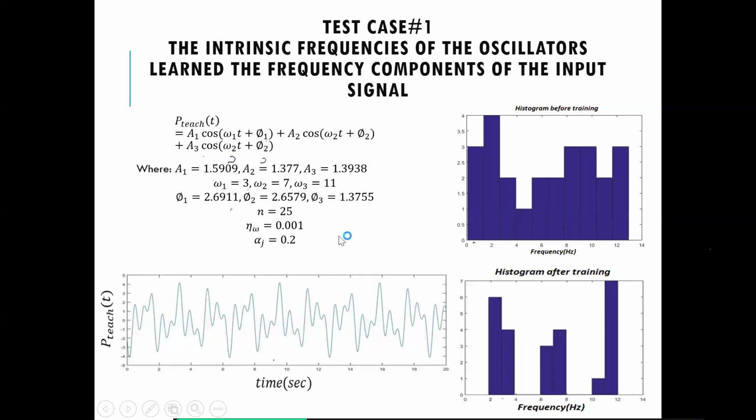After presenting the signal for some time, all the frequencies of the oscillators are bunched together, close to the frequencies in the input signal. The input frequencies are at 3, 7, and 11. Initially, the oscillator frequencies are all over the place, from 0 hertz to some 13 hertz. But after training, all the frequencies of the oscillators are concentrated around the frequencies in the input signal, that is 3, 7, and 11.